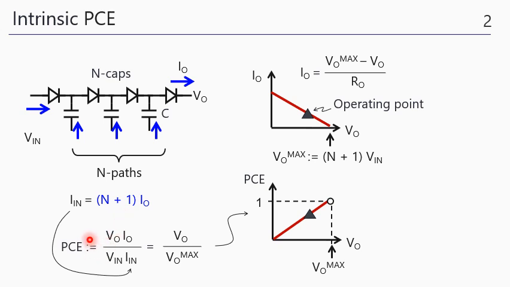This is the definition of power conversion efficiency: output power divided by input power. You can input this equation into here, then IO is cancelled out. If you define VO max as this, it means that VO can go as high as VO max.